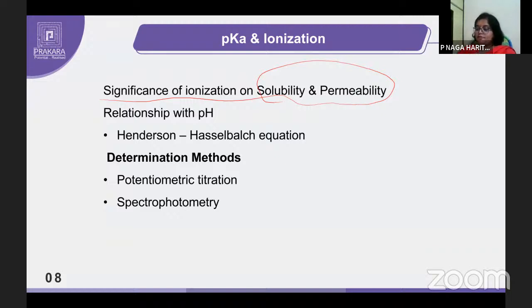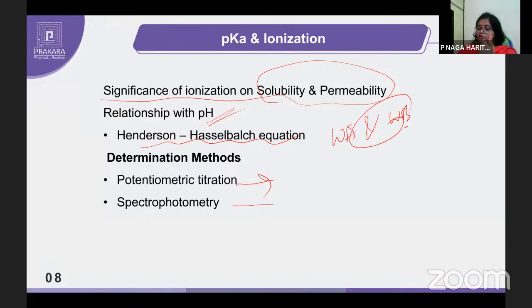Its relationship with pH is determined by using the Henderson-Hasselbalch equation, where there are different equations for weak acids as well as weak bases, right? You can determine it by two methods: potentiometric titration and spectrometry methods. In the potentiometric titration method, you measure the change in pH as the drug is titrated with an acid or a base.